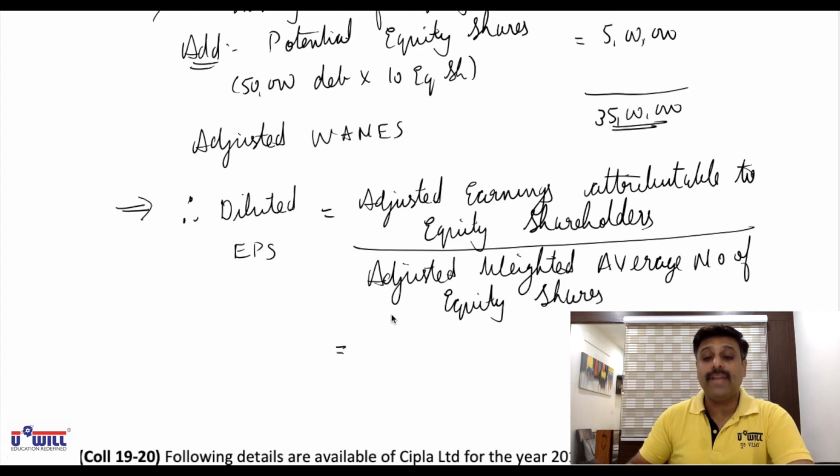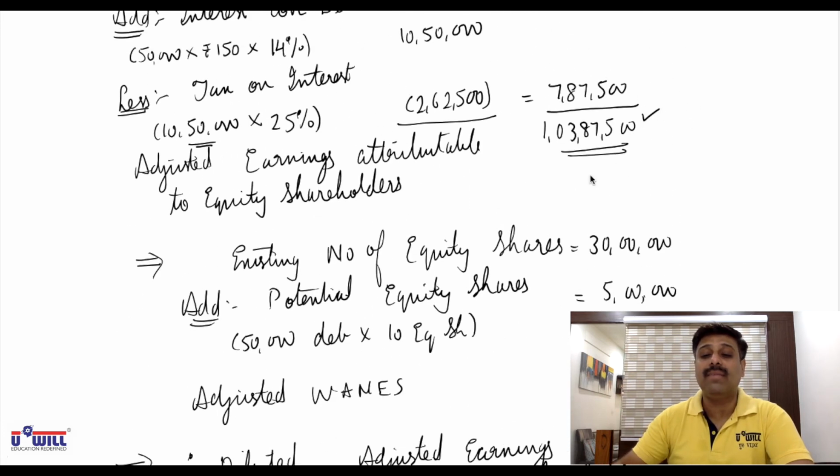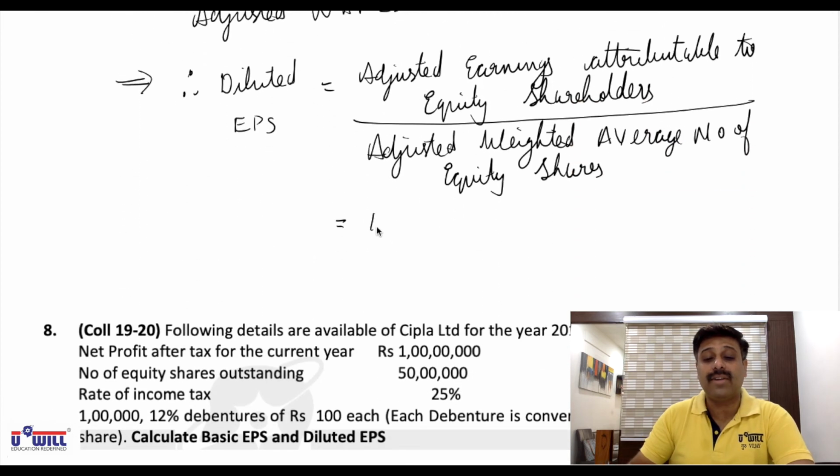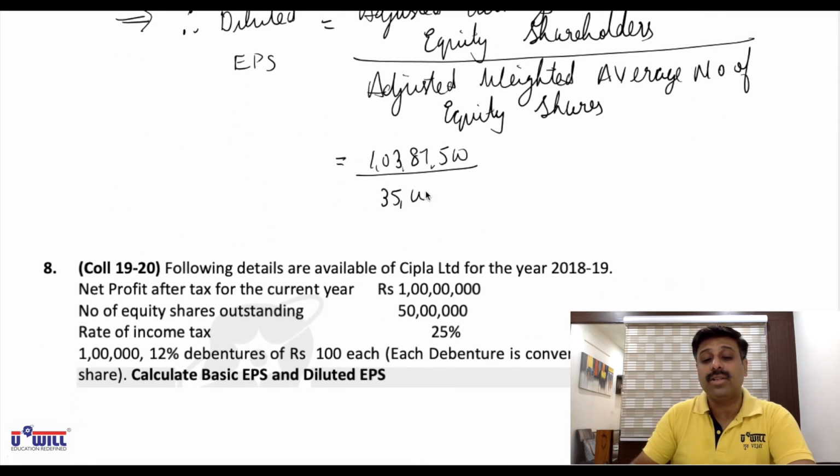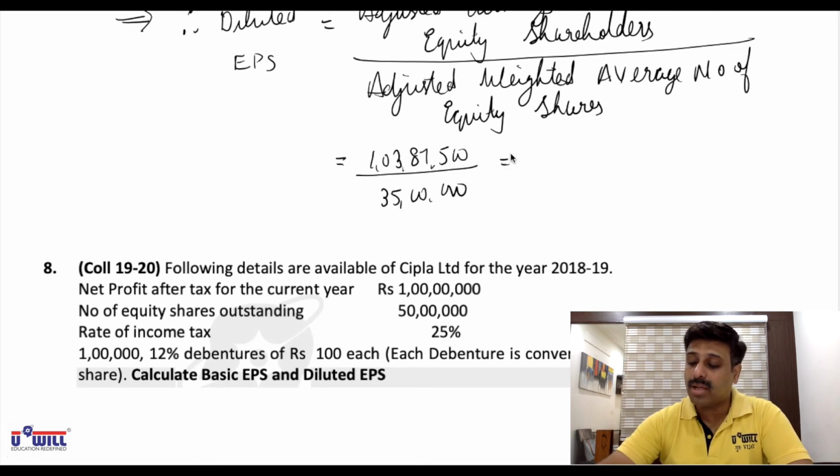Now, what are adjusted earnings in future available? 1 crore 3,87,500 divided by, what are the adjusted gains? Number of equity shares that we will have in future after conversion? 35 lakhs. So what is the EPS that it will fall down to? 1 crore 3,87,500 divided by 35 lakhs. 2.967 means 2.97.